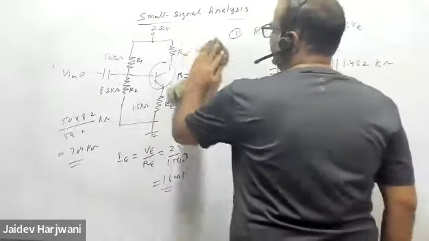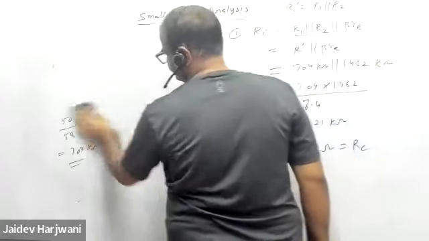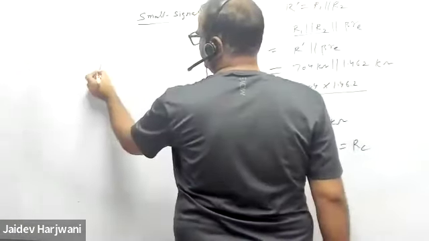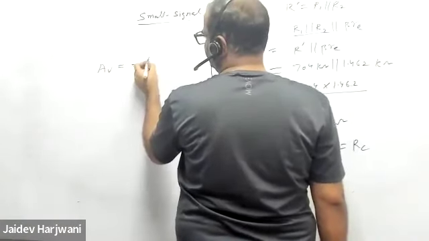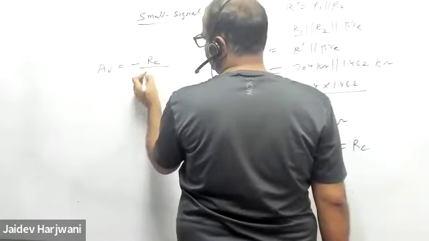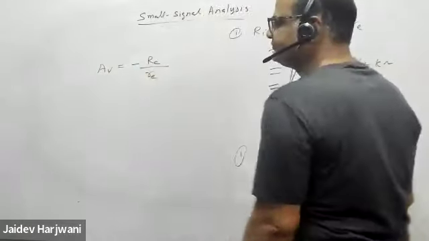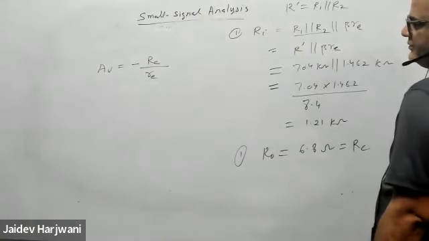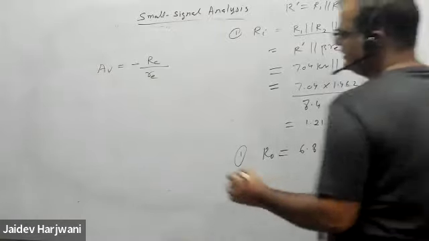And now you have some gain, AV. AV is equal to minus RC upon RE, this is the formula. Beta IB cancels, this is RC upon RE.